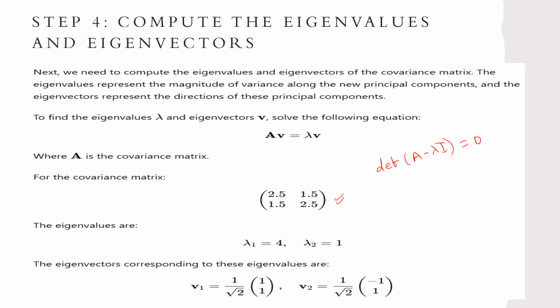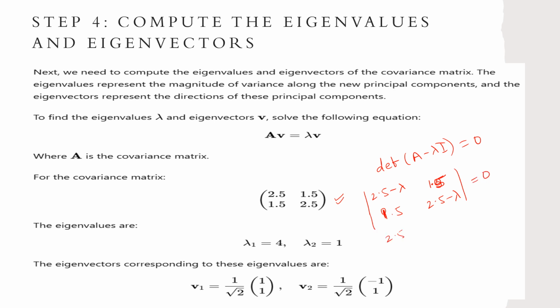So the determinant of 2.5 minus lambda, 1.5, 1.5, and 2.5 minus lambda is equal to 0.